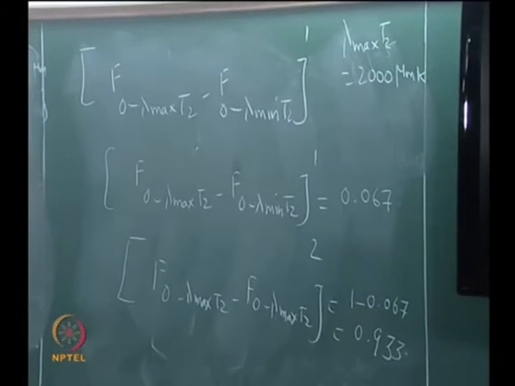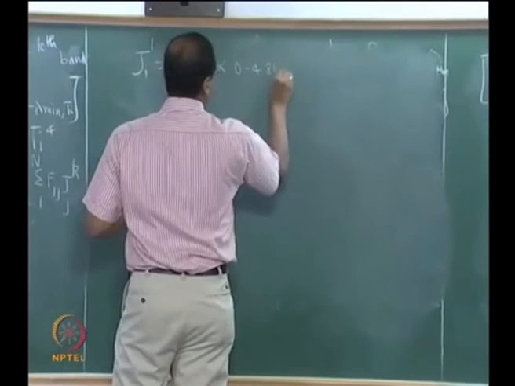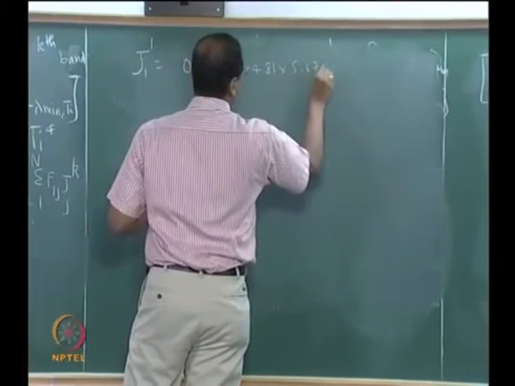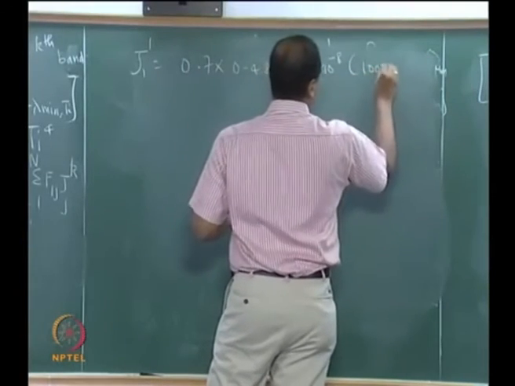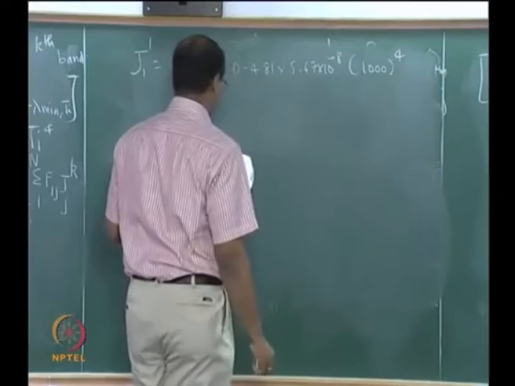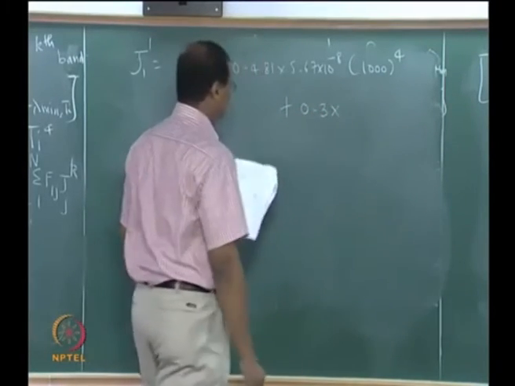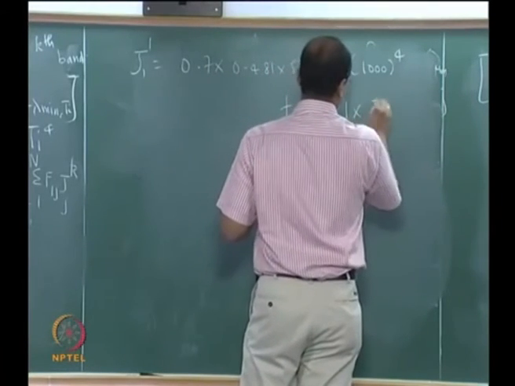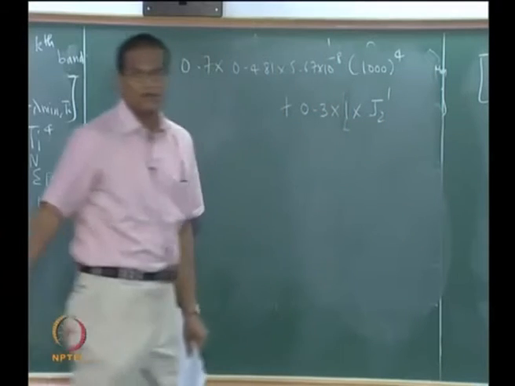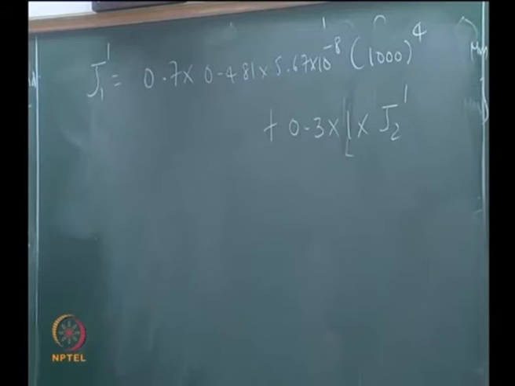So J11 is 0.7 into 0.48 into 5.67 10 to the minus 8 into 1000 to the power of 4, plus 0.3 into view factor. Is that correct? F11 J1 plus F12 J2.